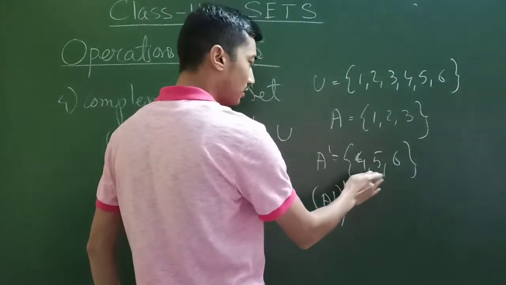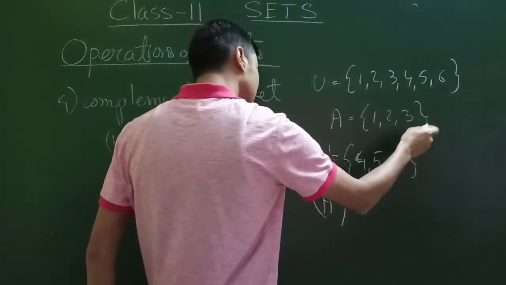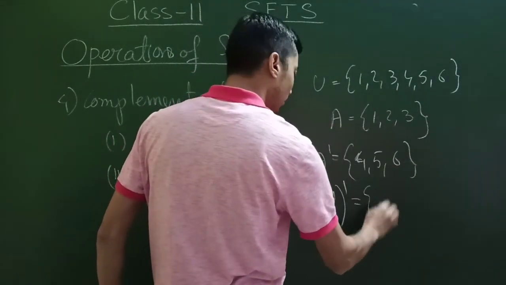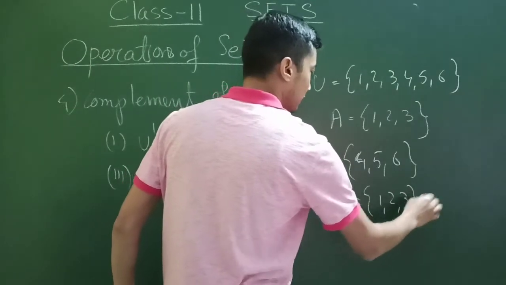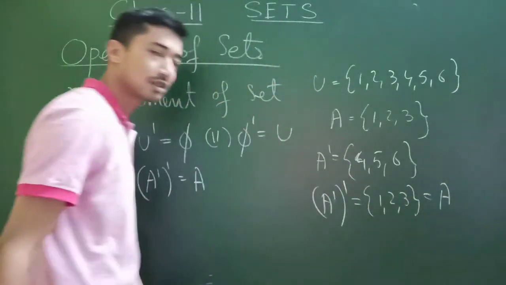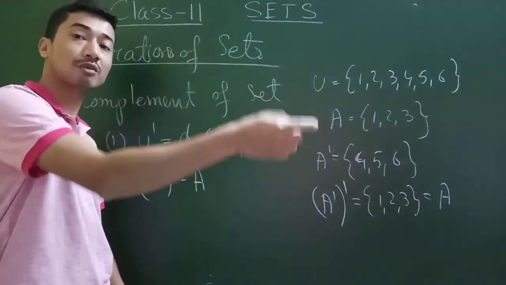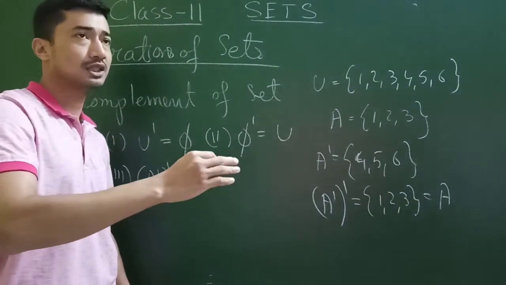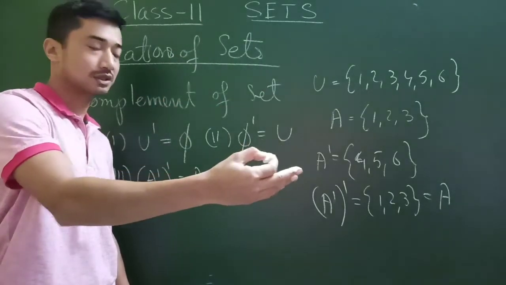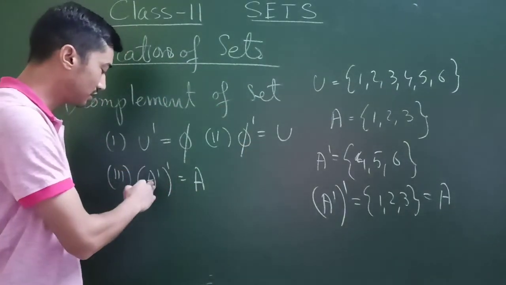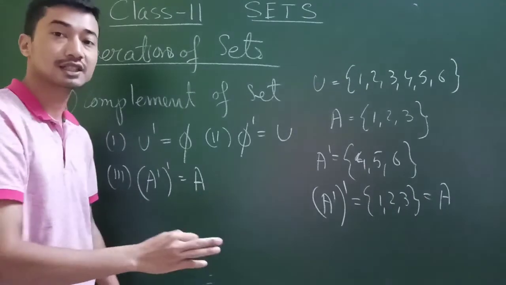So A complement is 4, 5, 6. Now what is its complement again? It's again 1, 2, 3. That gives me again the set A. So the complement of a complement of a set is the set itself.